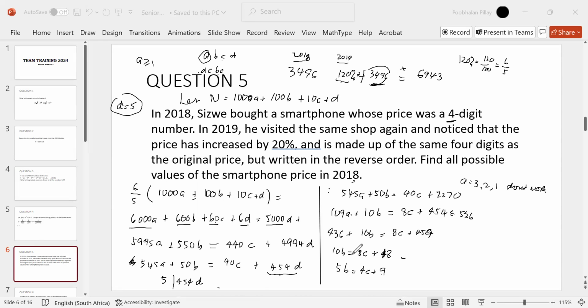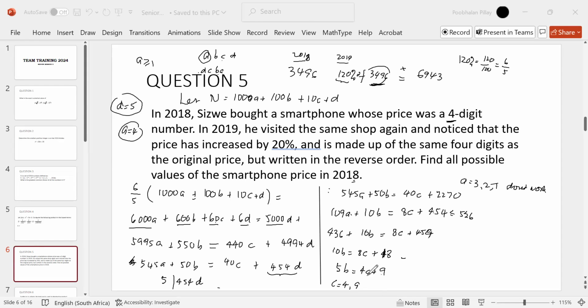Right. So B is a digit, C is a digit. So let's see. Now it's easy, because we can try different values for B and C, and we got A is equal to 4, by the way. So we got A and D, and the only thing is we need to calculate B and C. If you try the digits from 0 to 9, you will see that only C equals 4 and C equals 9 works.